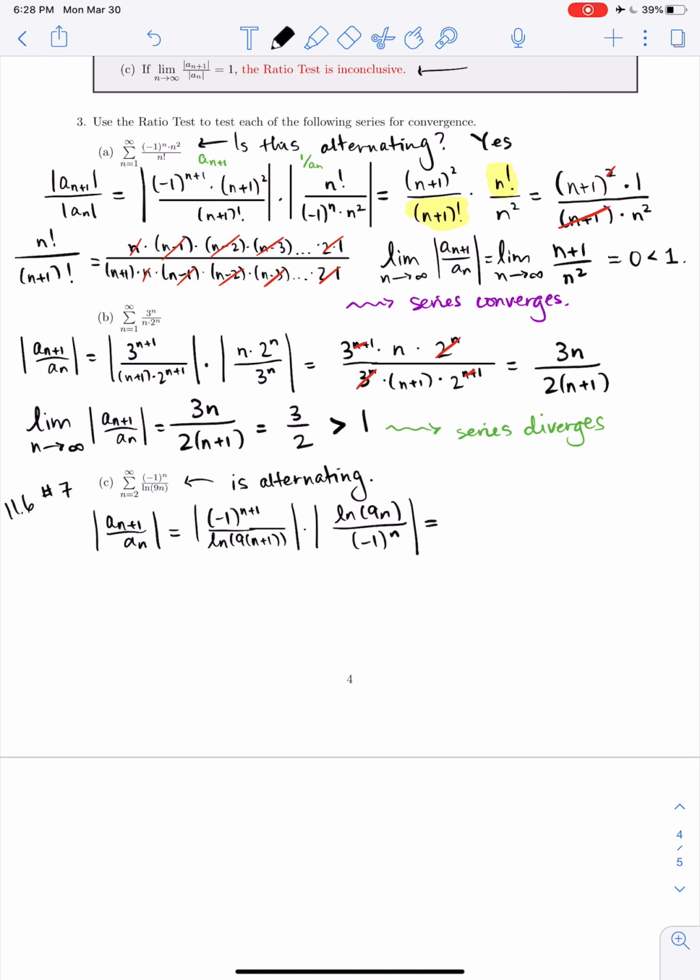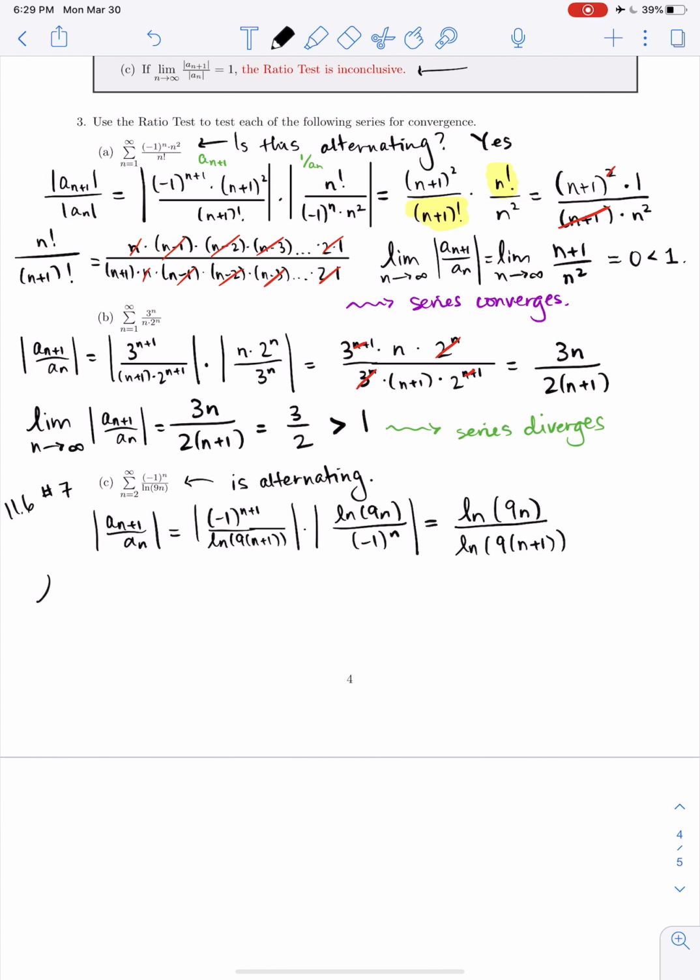And the natural log, as long as the input to the natural log is bigger than 1, is a positive number. And of course, we're multiplying something larger than 1 by 9, so we're definitely positive there. Good. Okay, so that is the ratio of the n plus first term to the nth term.